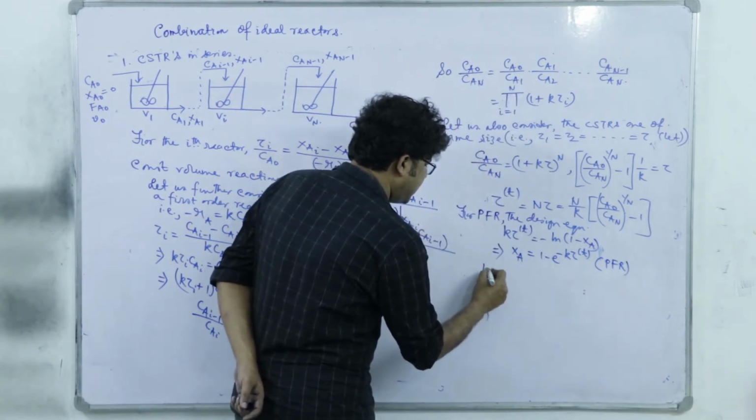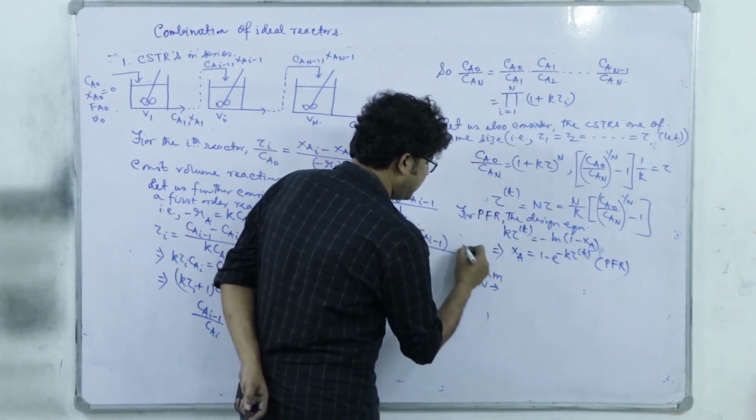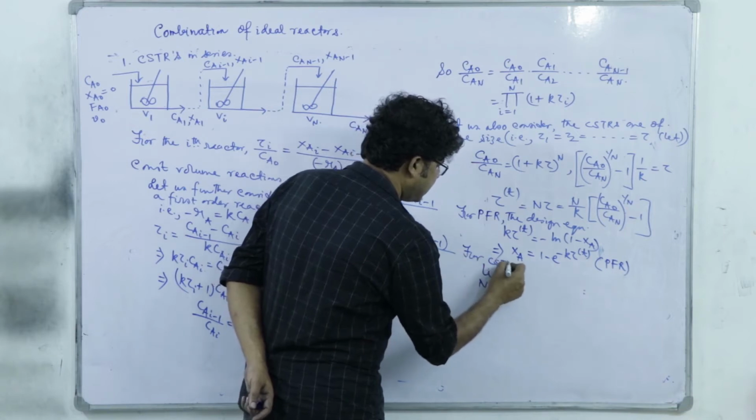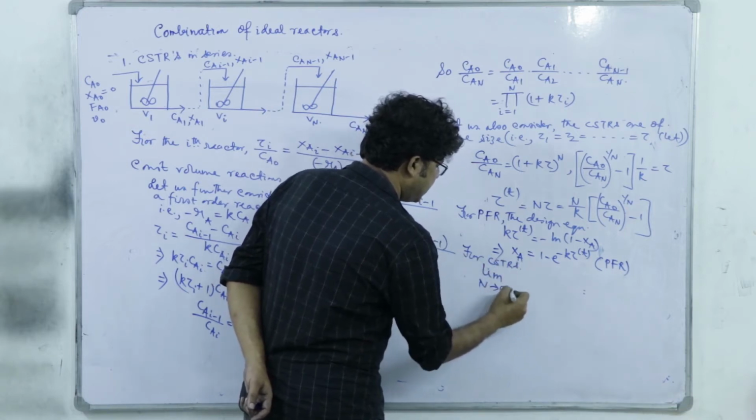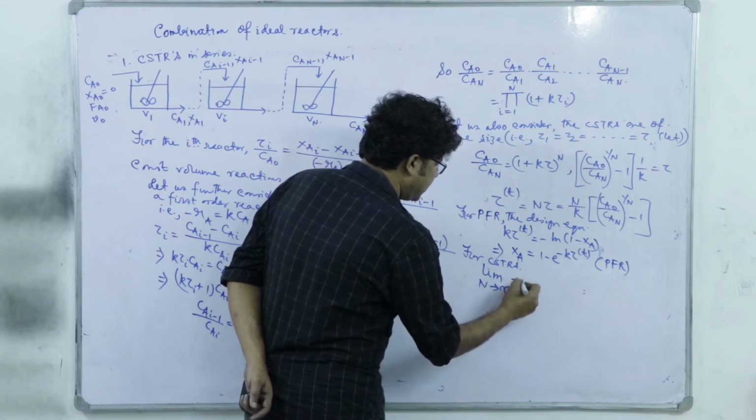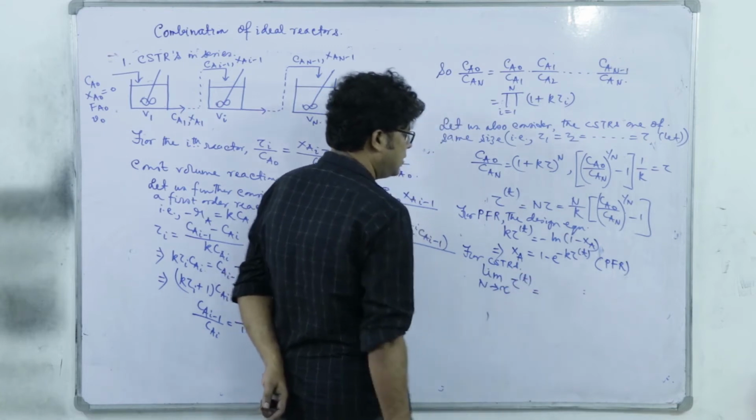Now take the limit n tending to infinity for CSTRs. In the limit n tending to infinity, what is tau total equal to?